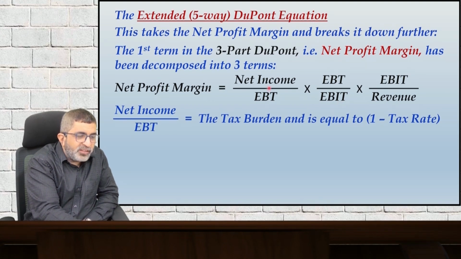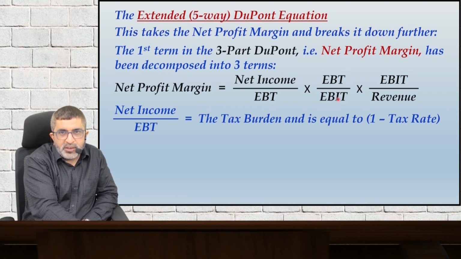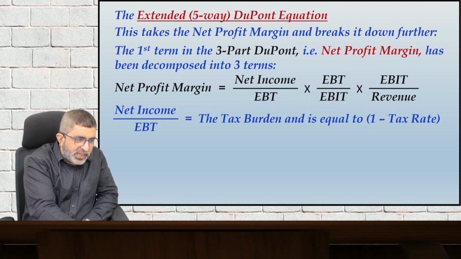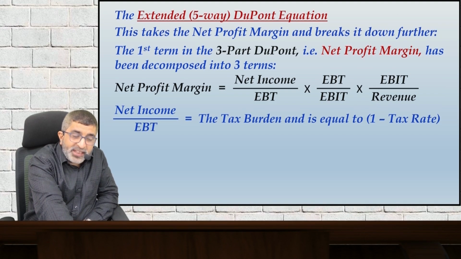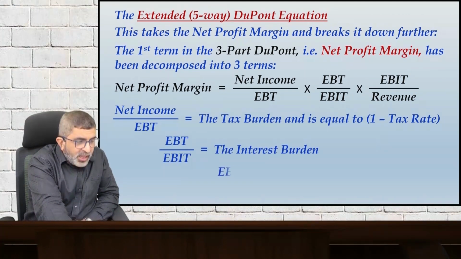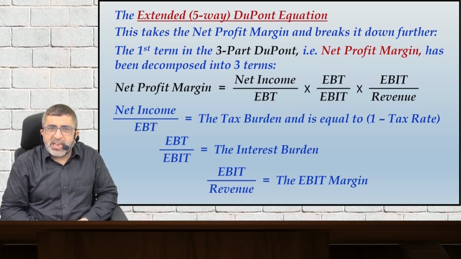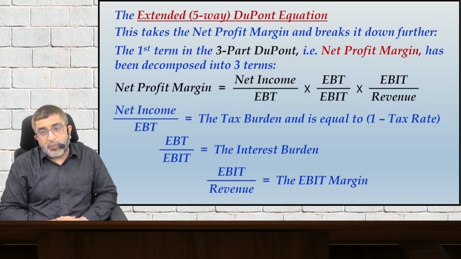The way in the first term it was after tax divided by before tax profit, this is after interest divided by before interest profit. So after interest profit is nothing but EBT, and before interest profit is the operating profit, that is EBIT. So EBT divided by EBIT is the interest burden, and EBIT divided by revenue is the EBIT margin or the operating profit margin.